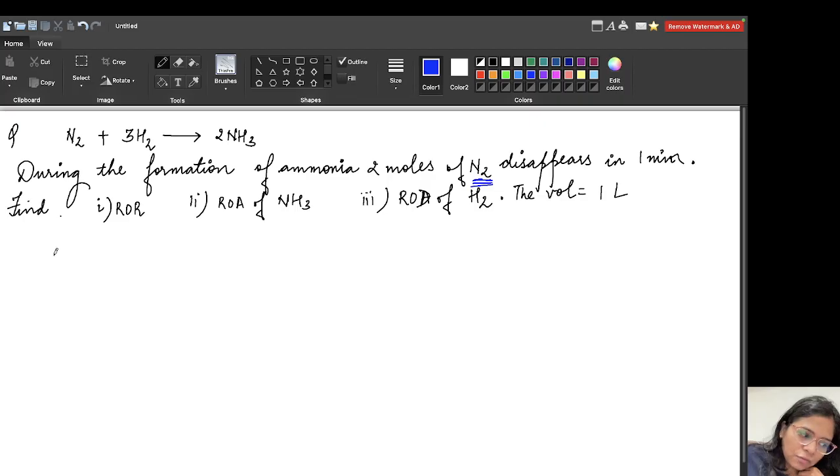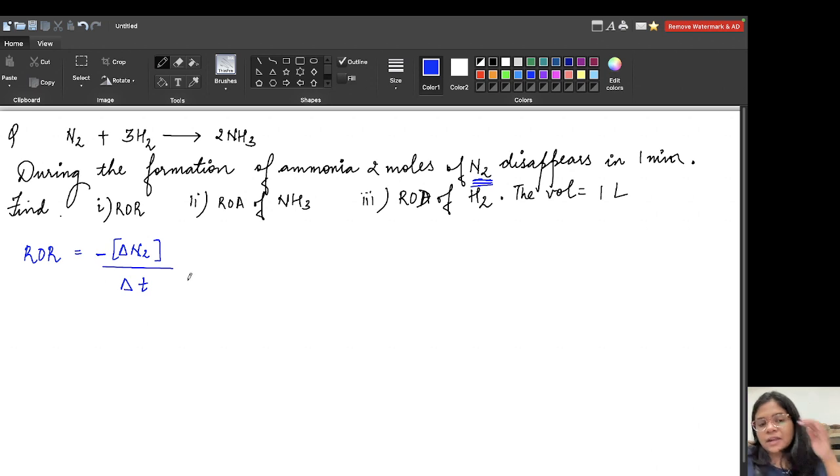Now, how do I find the rate of reaction? Rate of reaction will be minus delta N2 by delta T, right? What is delta N2 here? Concentration of N2. What is concentration? Moles per liter. So 2 moles by 1 liter. And what is the time? Time is given to us as 1 minute.